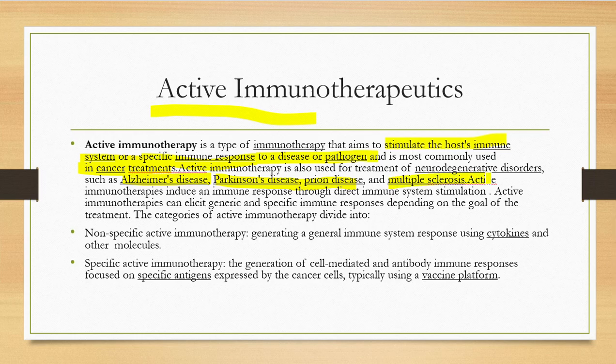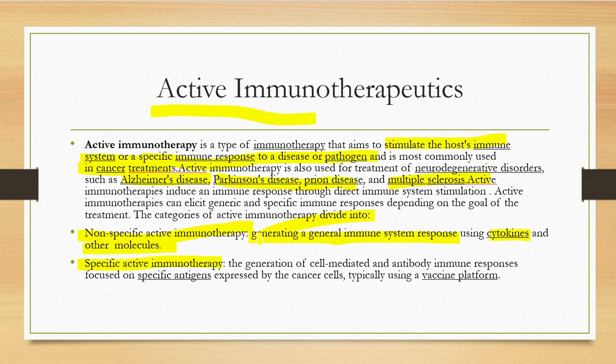Active immunotherapy can produce both general as well as specific immune responses, depending upon the therapeutic goal. So there is non-specific active immunotherapy and specific active immunotherapy. Non-specific active immunotherapy generates a general immune system response using cytokines and other molecules.